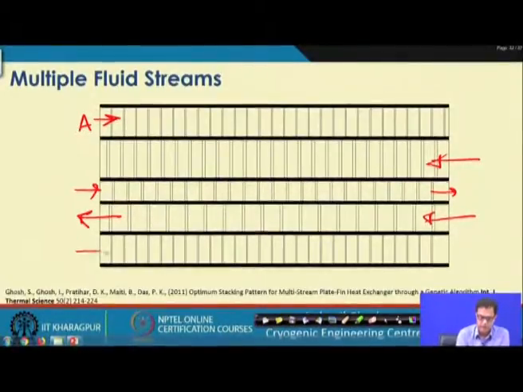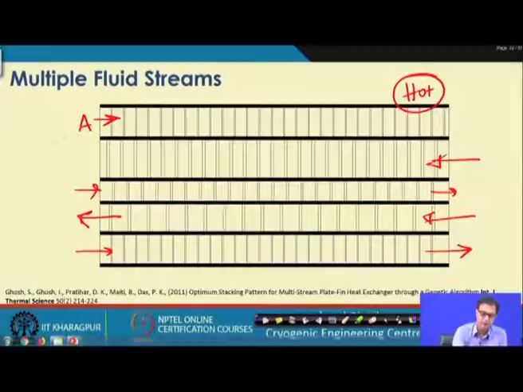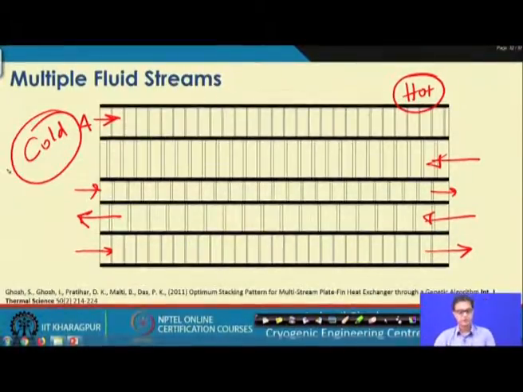In general, the hot fluid streams we put from one end, and the cold fluid streams we put on the other side.